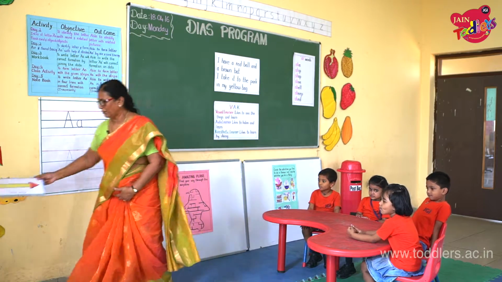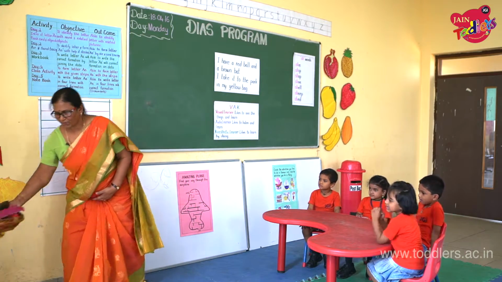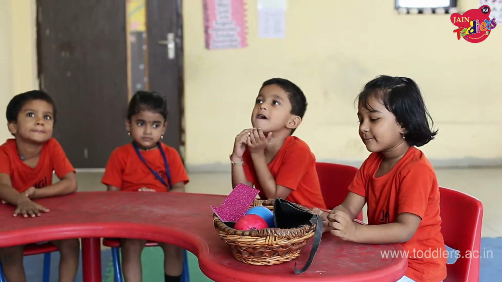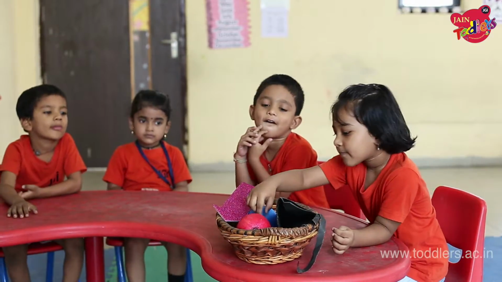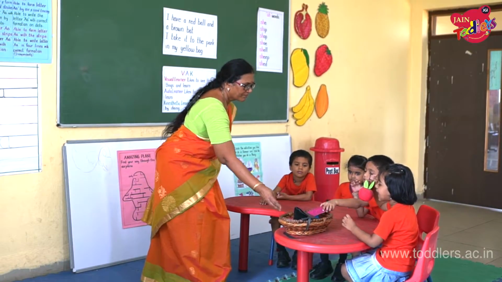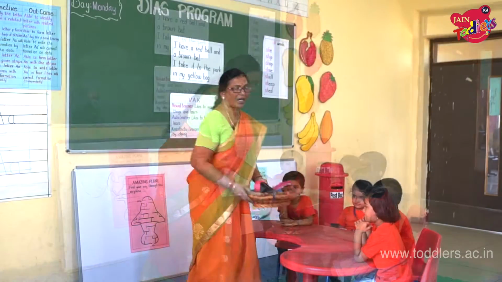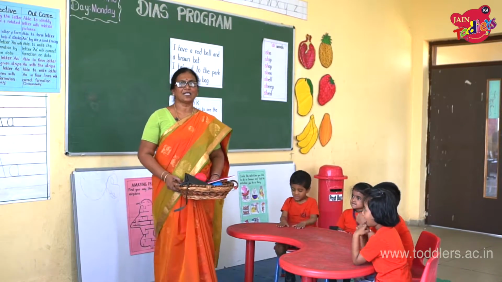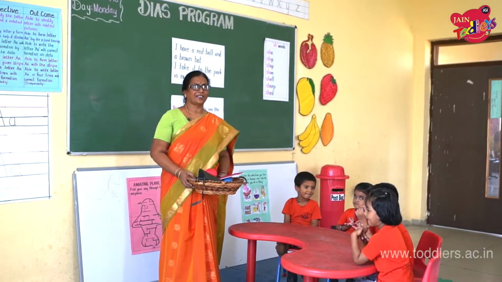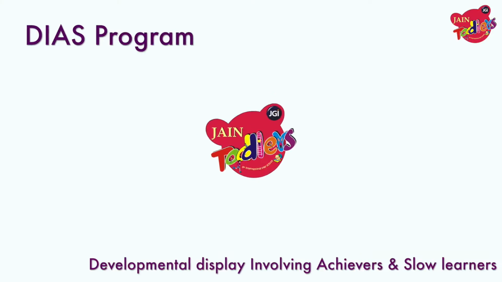Sindhu, come and pick the object of letter A. A for apple, A says A. The outcome of it is the child is able to identify the letter and the related pictures.